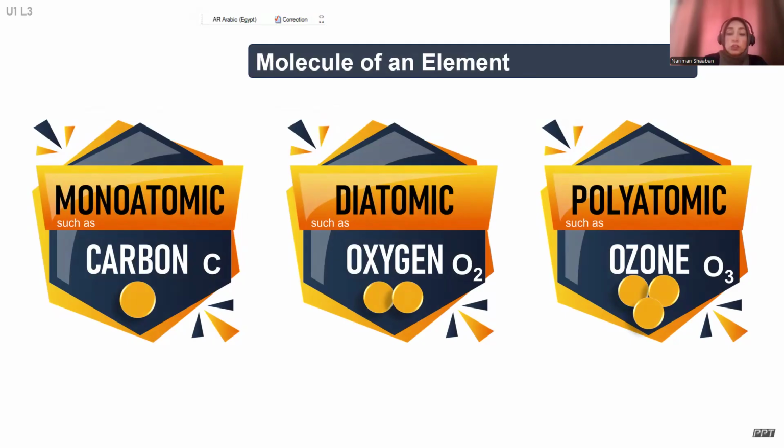Di means two, such as oxygen molecules. Poly means many, so the element comprises more than two atoms, such as ozone, which comprises three oxygen atoms.